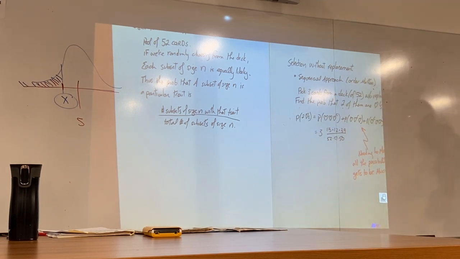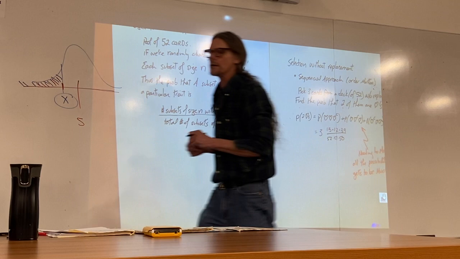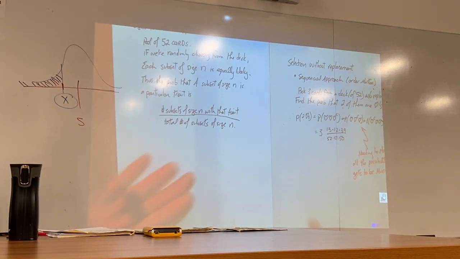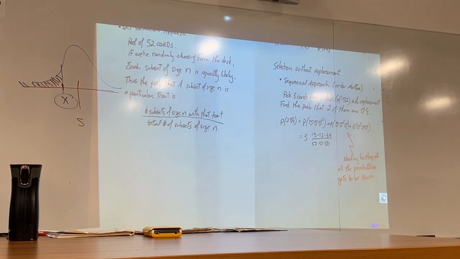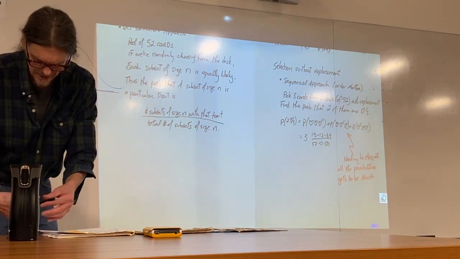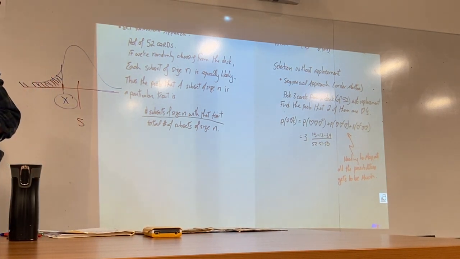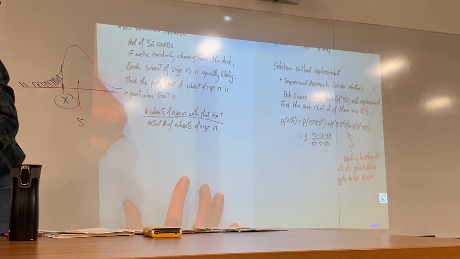So to answer this question we posed to start with: pick 3 cards from a 52-card deck. What's the probability that 2 of them are hearts? And so we revisit the last example.